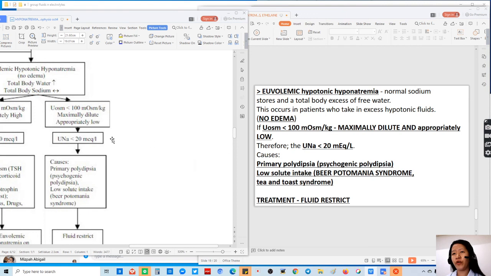So therefore, the urine sodium is less than 20 milliequivalents per liter.